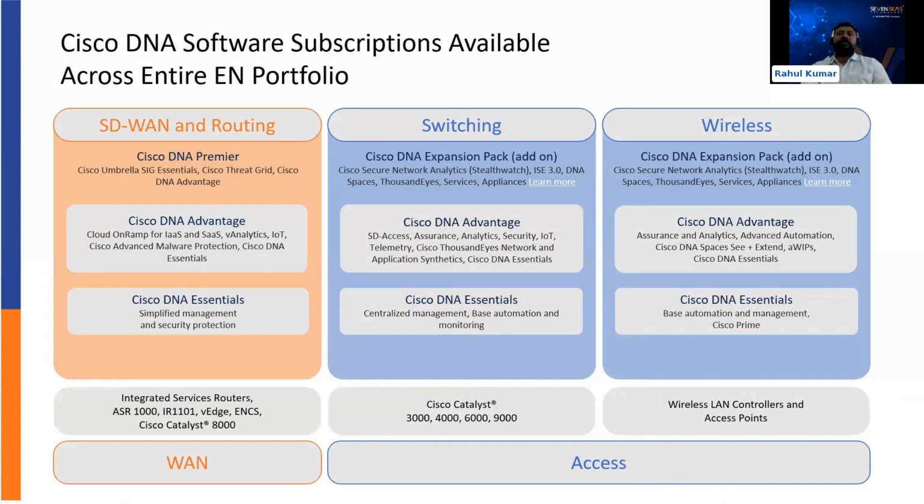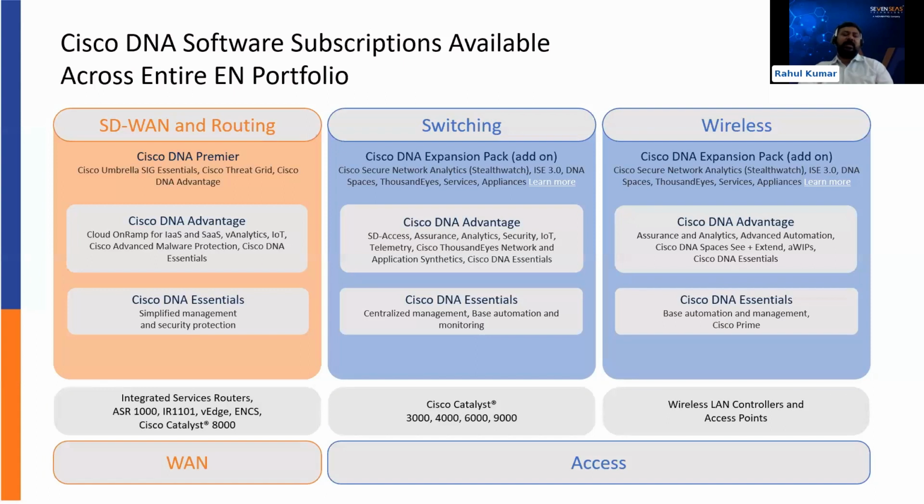Let's discuss more on the licensing part for Cisco DNA Center. If you want to deploy Cisco DNA Center, what kind of licenses will you require? Majorly, we have two segments in terms of layer division.